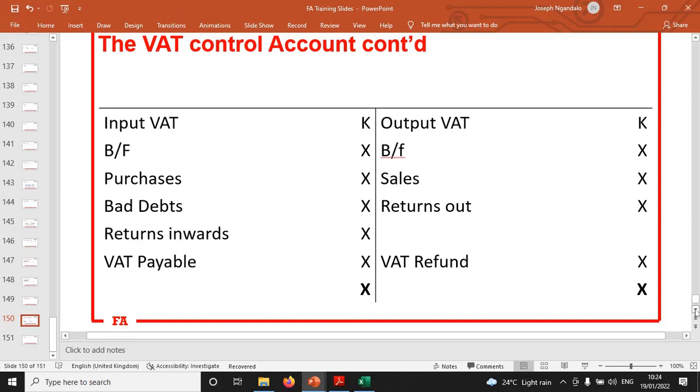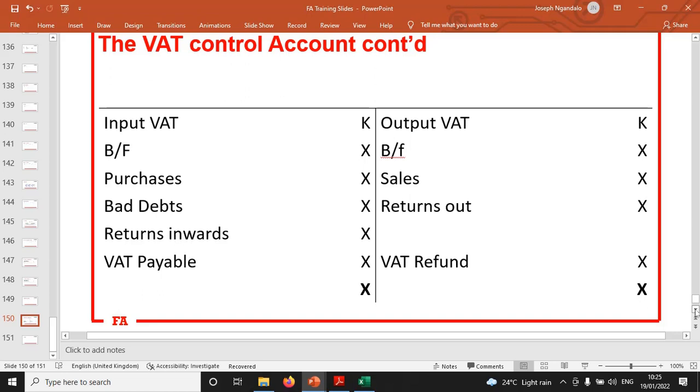But when we buy, we suffer, meaning that this we can claim. It's called refundable input tax. Don't leave these terms to the politicians. Refundable input tax, meaning that the business qualifies to have its VAT reduced. This side we are reducing, this side we are increasing.